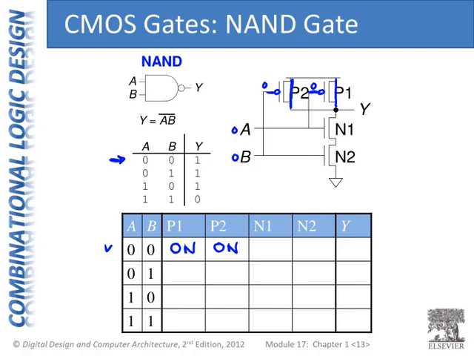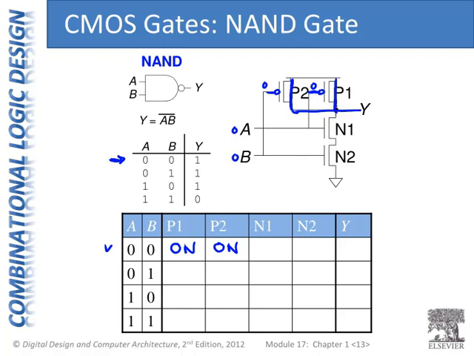And so we know that we actually have parallel connections, both P1 and P2 connect the output Y to 1. Let's double check and make sure that N1 and N2 are off, or at least one of them has to be off, so that we don't get Y connected to both VDD and ground. That would be contention.